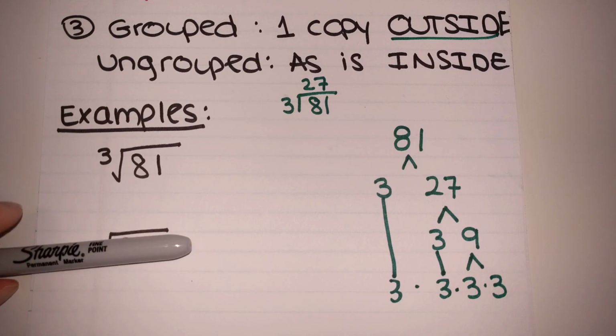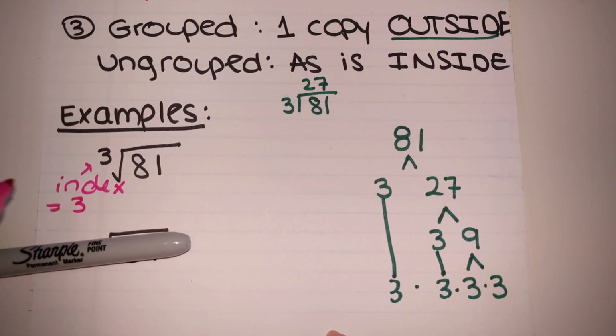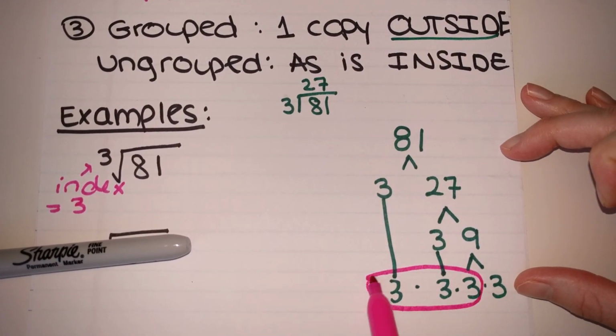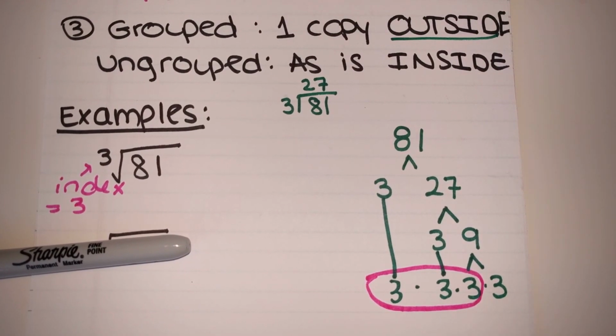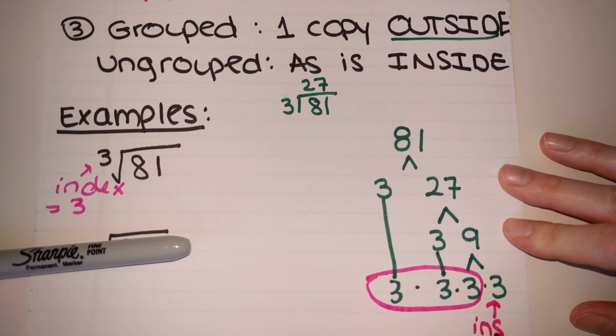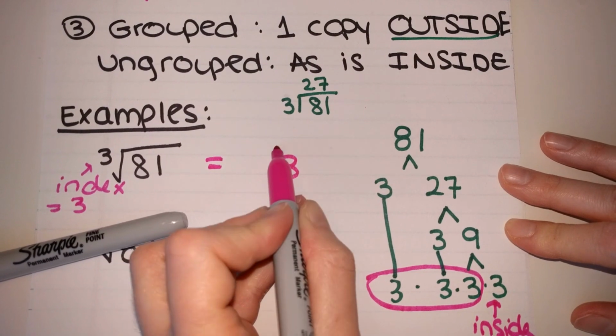So for this first example of the cube root of 81, the index there is equal to 3. So because the index is equal to 3, I am going to group in 3s. So I have one group of three 3s, and then I have a leftover 3. So what that means is that inside of the radical, I am going to have one 3 left over. So I write that inside of the radical.